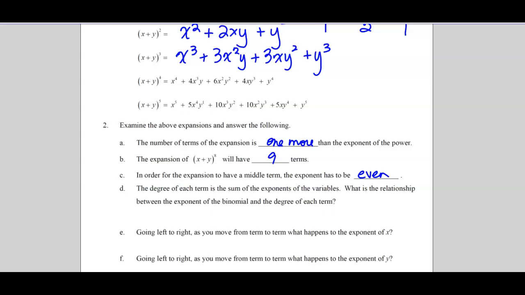If we had a number there instead of y, then the degree would be extended. But if they're both just x and y, or p and q, or whatever that is, the degree will be the same.